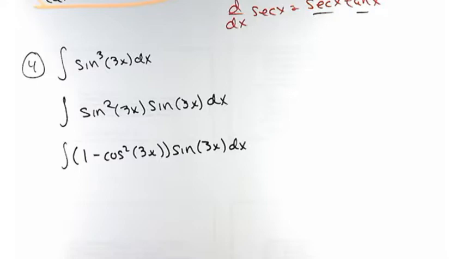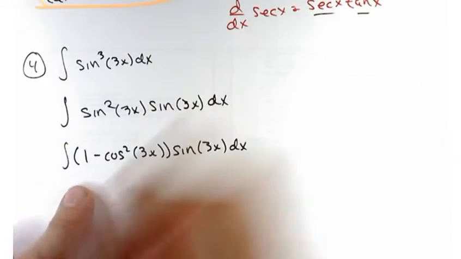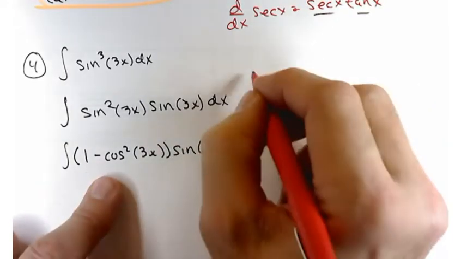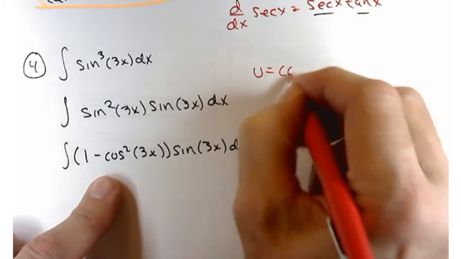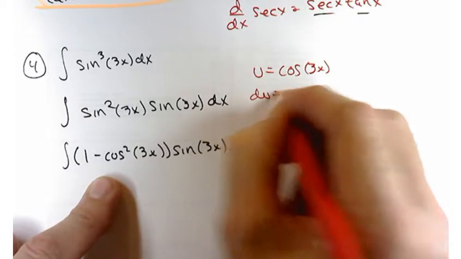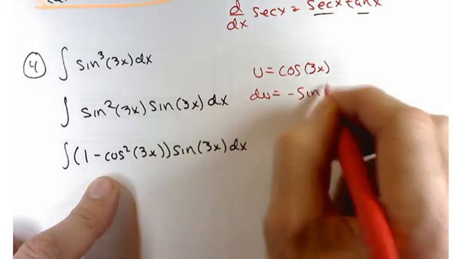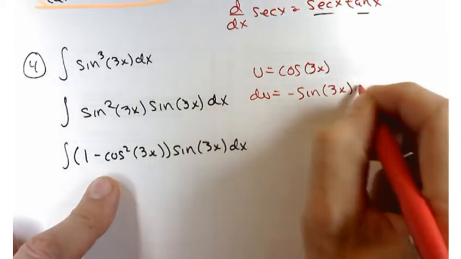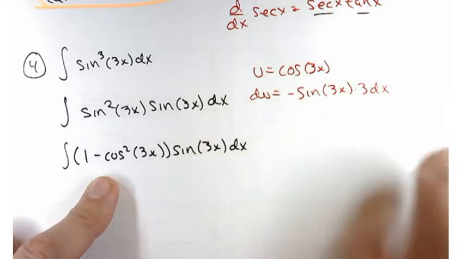Okay. So that helps out a lot. Why? What does that allow me to do now? Yeah, now I can make a u substitution. Now, don't let u equal the whole thing here. Let's just set u equal cosine of 3x. Then du is going to be minus sine of 3x times 3 times dx.